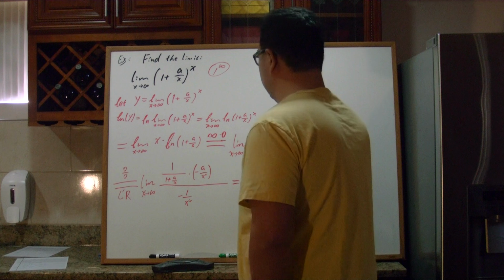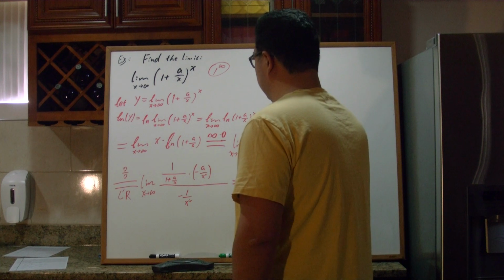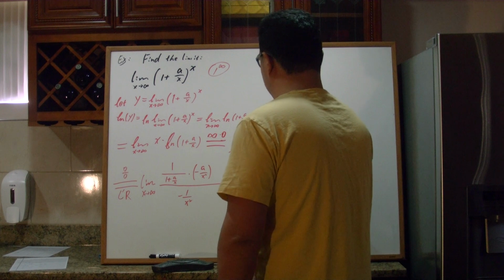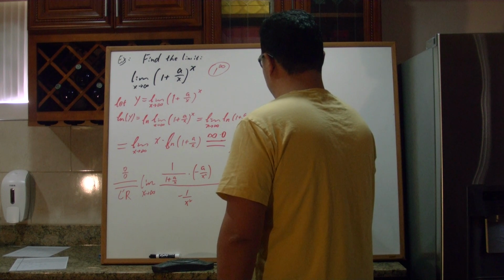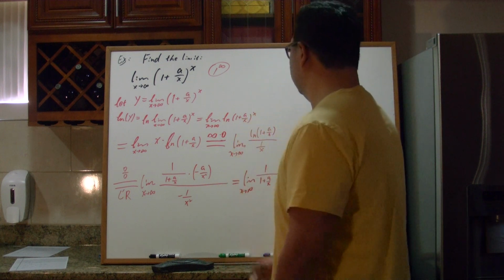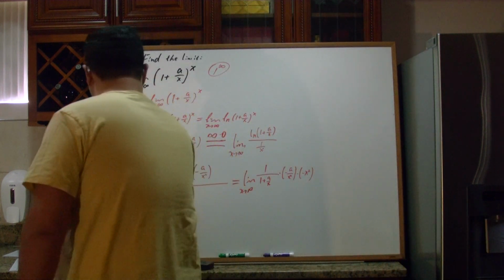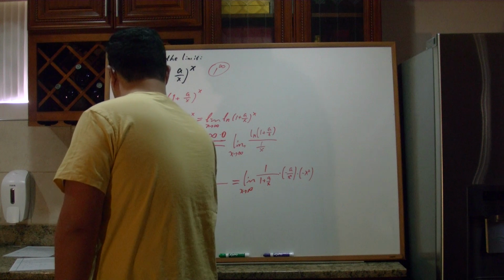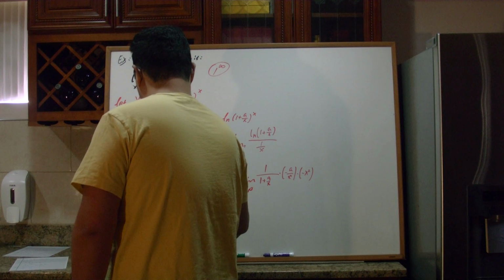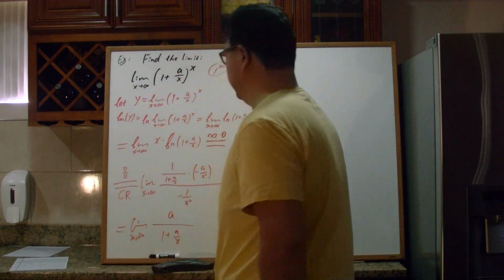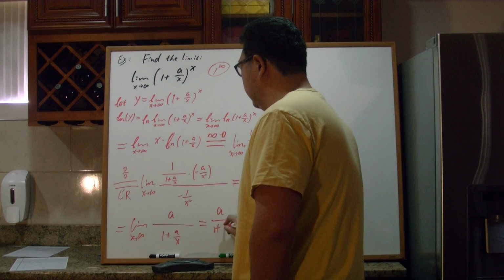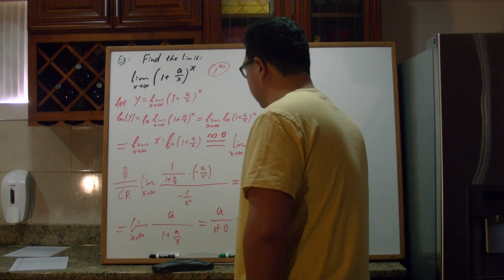If you want to see, that is the limit as x approaches infinity of 1 over 1 plus a over x, times negative a over x squared, times the negative x squared, which cancels. That's 1 plus a over x in the denominator, and the numerator is a. So that's a over 1 plus 0 equals a.